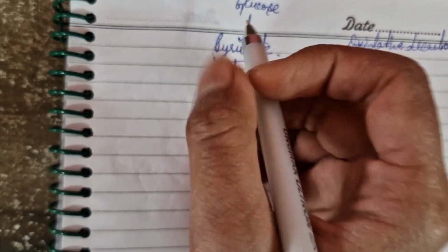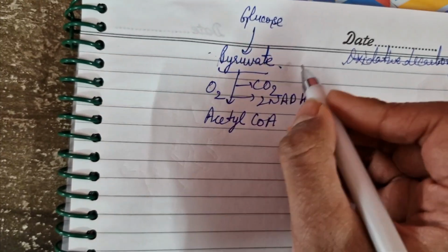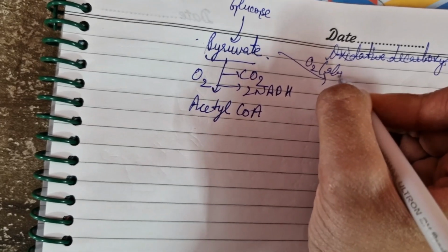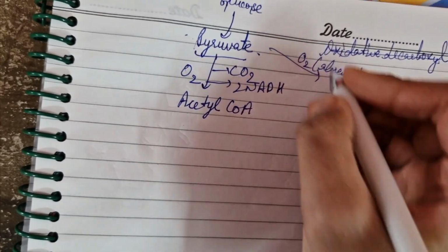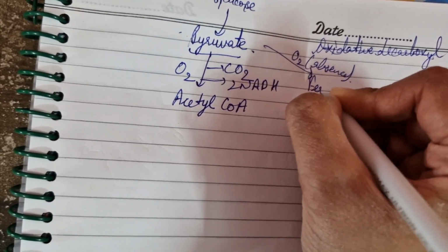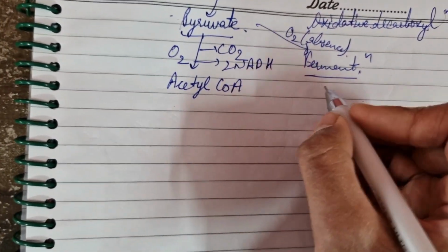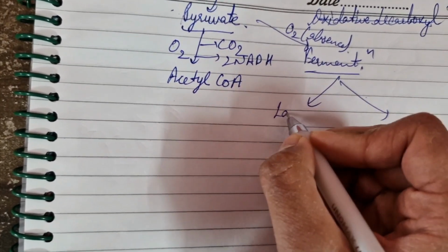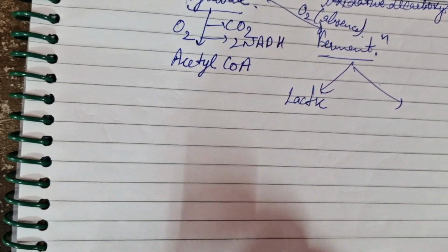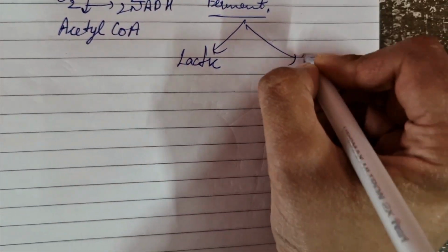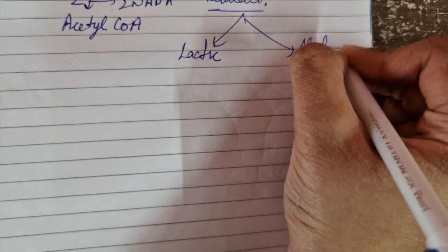But what happens if there is absence of oxygen? In the absence of oxygen, fermentation takes place, which is of two types: lactic acid fermentation and alcoholic fermentation.